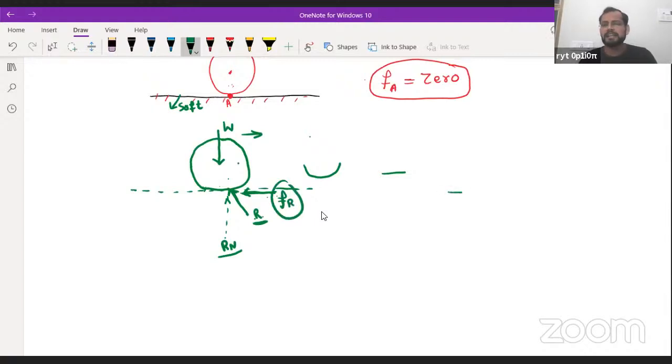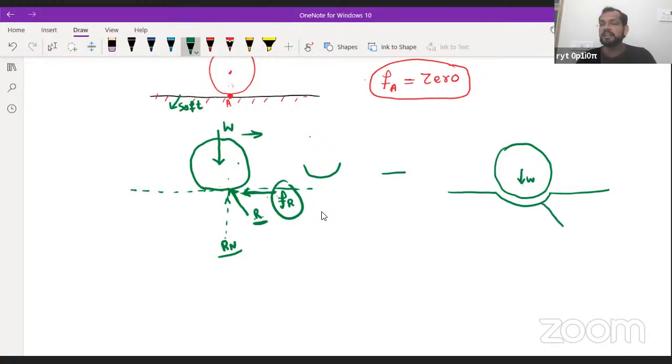We may consider the second case also. For example, the surface is soft. So what will happen? The body will not deform; the surface will deform. As you can see, this is the body, and here I am highly exaggerating this scenario. This is the weight of the body, and due to the weight of the body, there will be some deformation inside the surface.